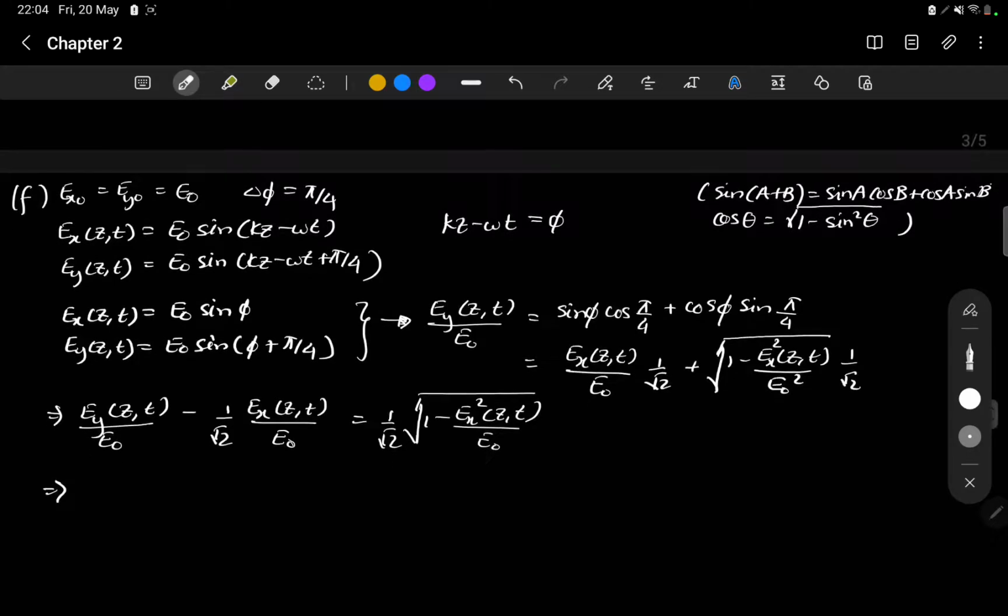So from this we get, taking squares on both the sides.